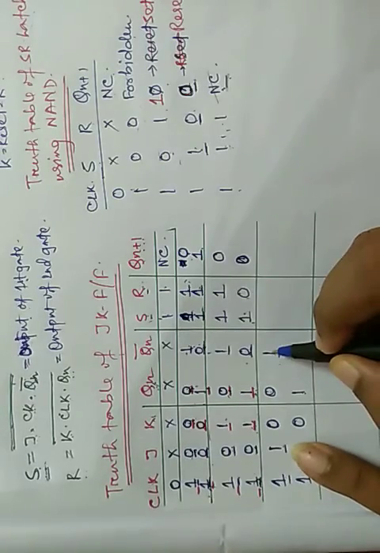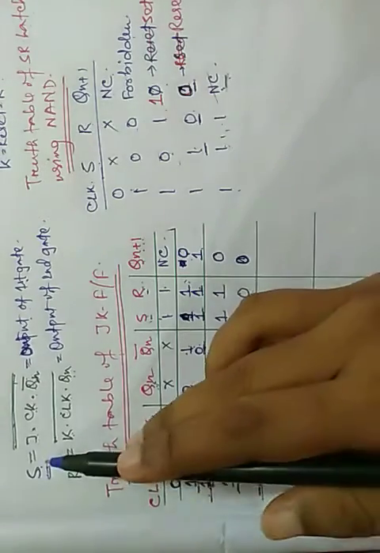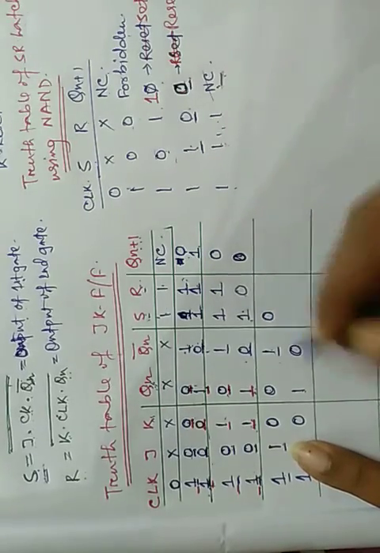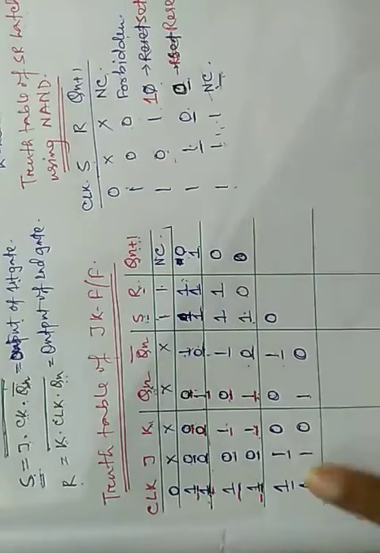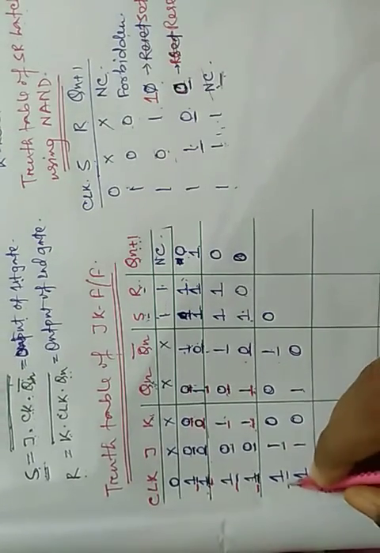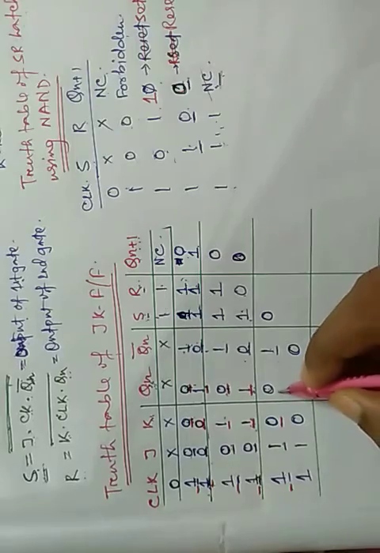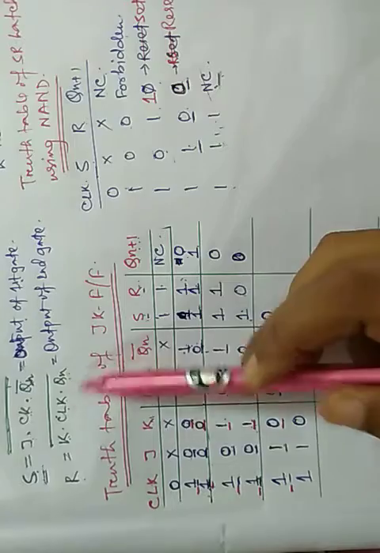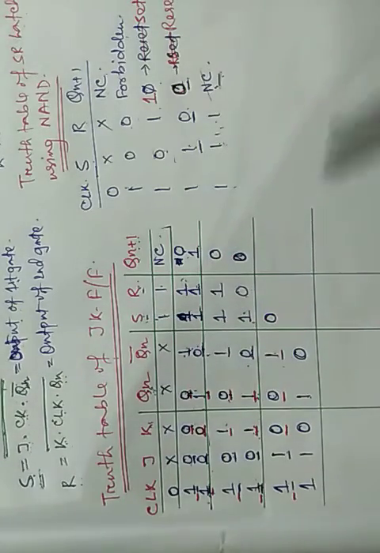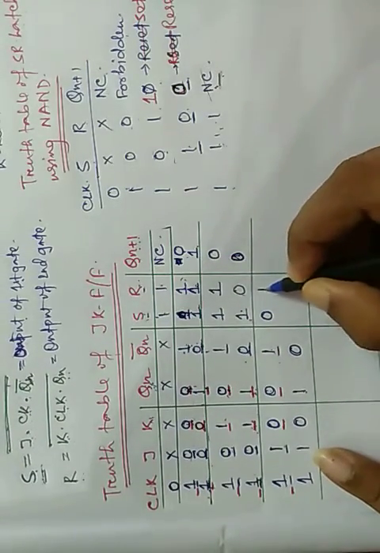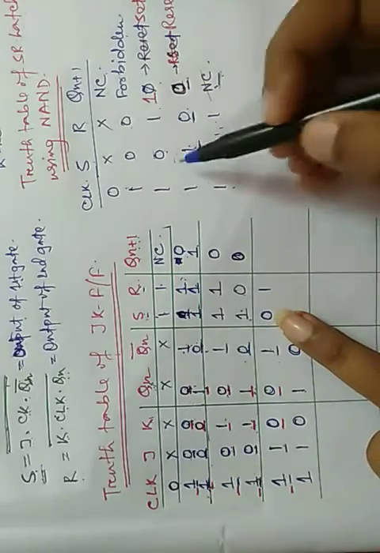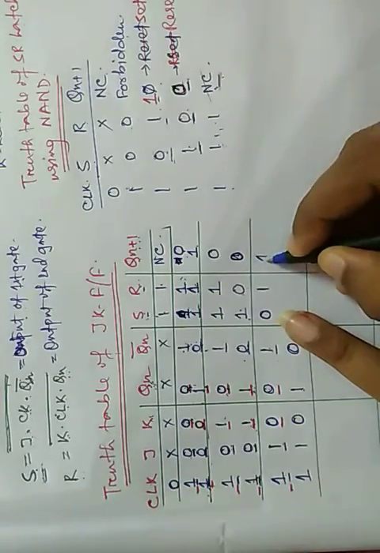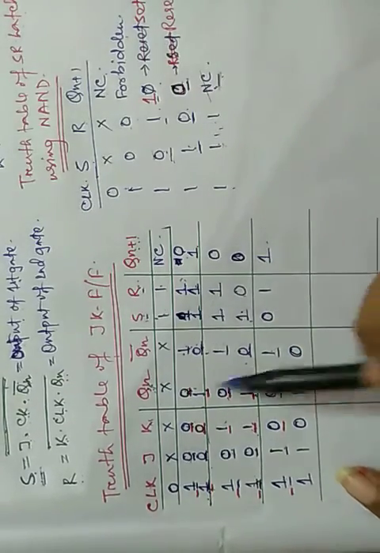All three input signals are 1, so output of S is 0. And for R input, clock is 1, K is 0, Qn is 0. As one of the inputs is 0, output is 1. So S 0, R 1 means it is reset.